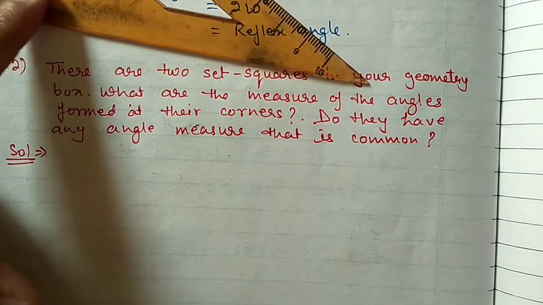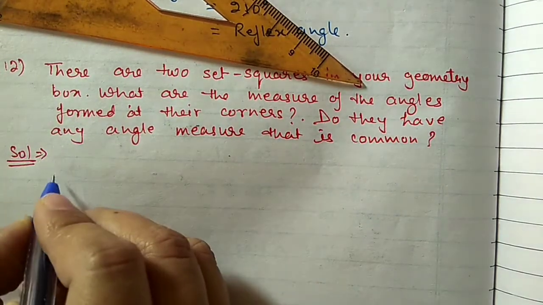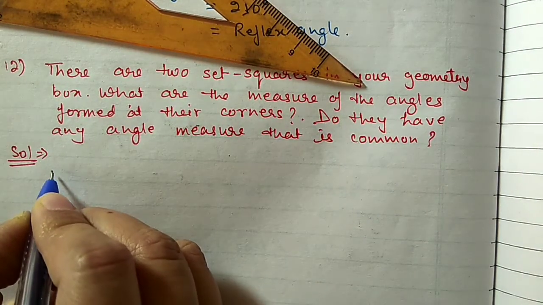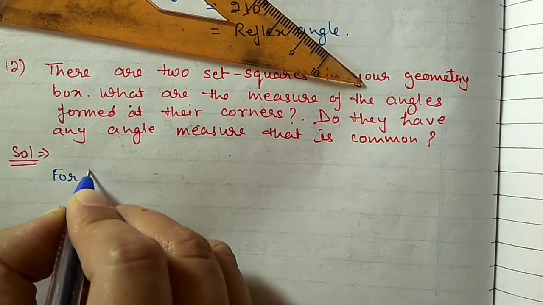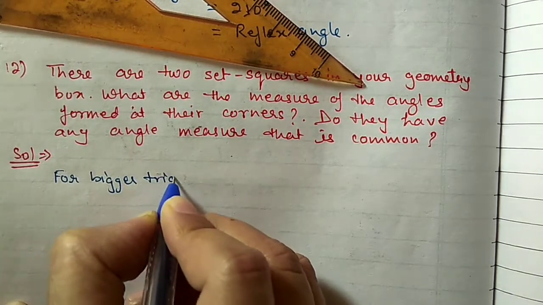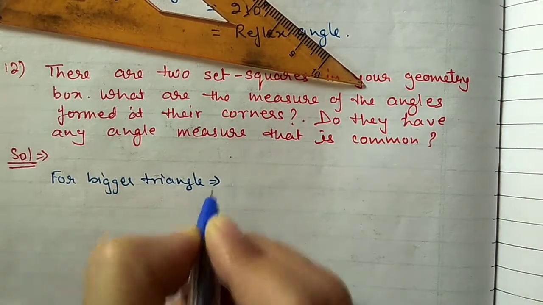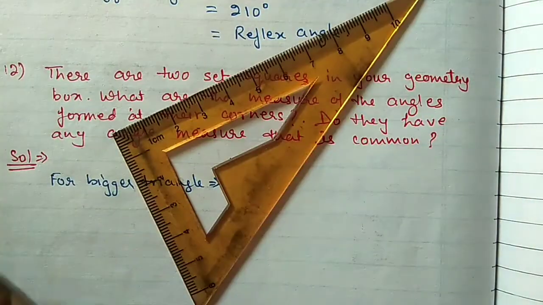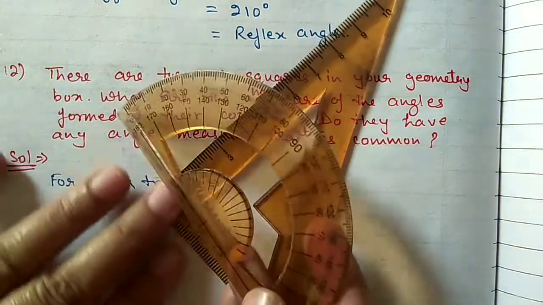First we will measure this angle and write it for the bigger triangle. You can measure with the help of a protractor also.